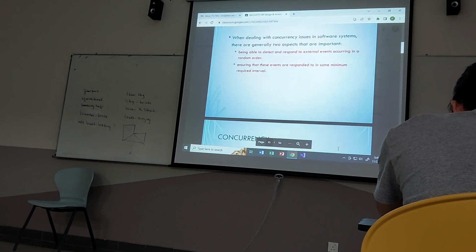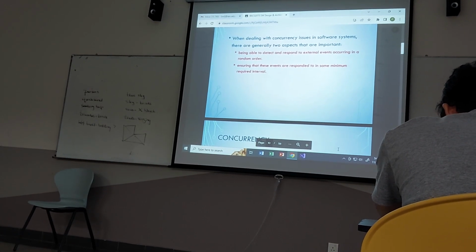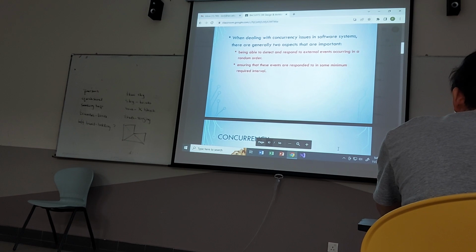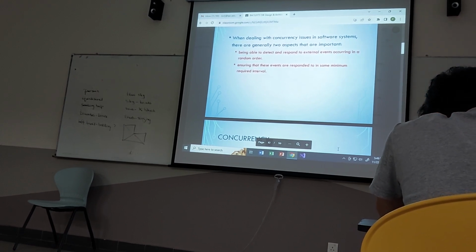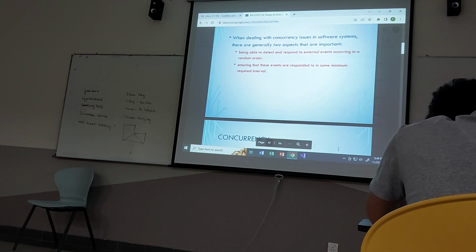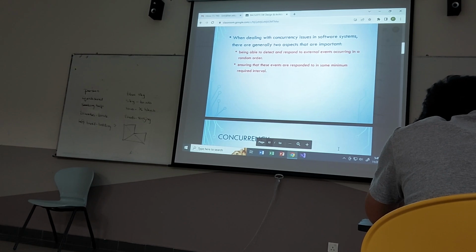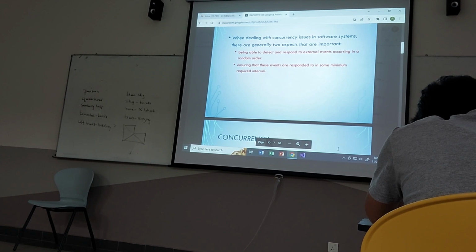When dealing with the concurrency issue, look at these two aspects, which are very important. First, concurrency is being able to detect and respond to external events occurring in a random order, because certain concurrent processes happen as they react to certain events.